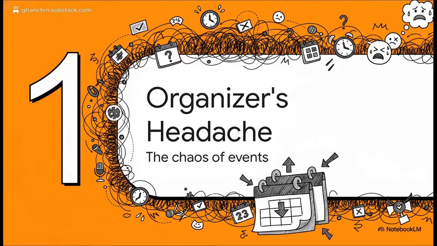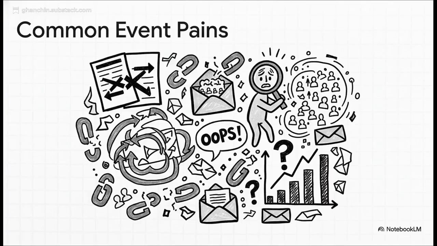So first things first, let's really dig into the problem here. We're calling it the event organizer's headache. And I bet this sounds familiar. It's that chaos of trying to manage and promote a ton of different events all at the same time. Yeah, if you've been there, you know exactly what I'm talking about. I mean, just think about all the little things that drive you crazy. You're just endlessly copy-pasting the same details over and over again.